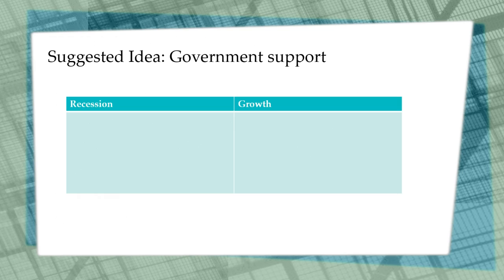So for example, if you looked at one area, if you had a slide like this and you had 6 of them dealing with 6 of the issues, so for this one it says government support, say what happens in recession to Moss Bros, say what happens in growth, and basically use a bit of data there, a bit of data there, what happened, okay, what was the issue with this one issue, how did the business react to it, and how did a particular business area react to it.